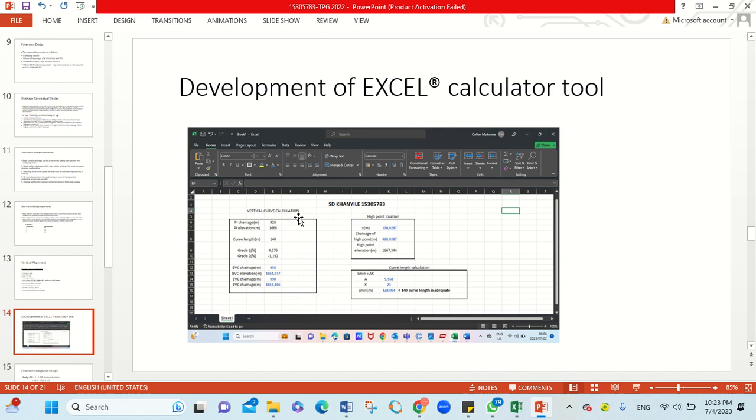After doing our manual calculation, we inserted all the calculations into the Excel calculator tool, and we found the answers as shown below.